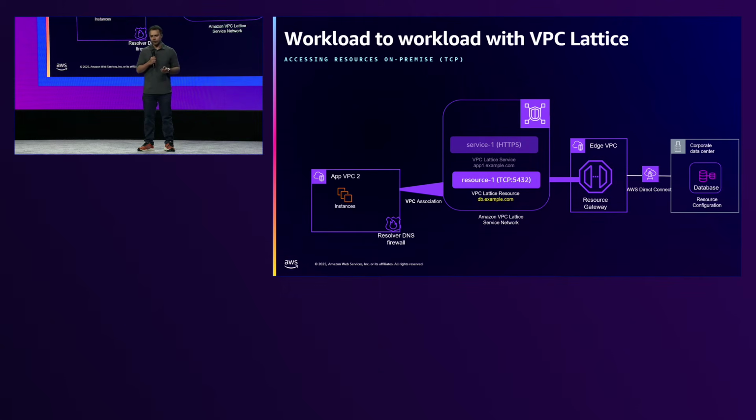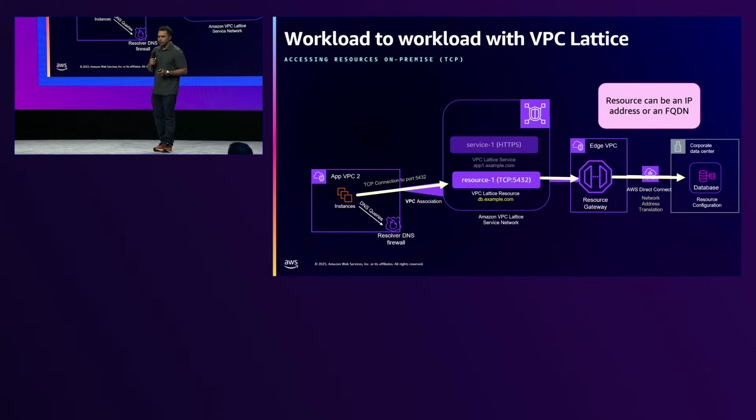So if we look at the traffic flow in this case, again the instance wants to access resource 1 that is onboarded onto VPC Lattice. Traffic gets sent onto the Lattice data plane. Lattice understands this traffic must go to the resource gateway. Now, as long as you have IP connectivity between this resource gateway and your backend target, which is the TCP resource in this case, Lattice can send that traffic as well.